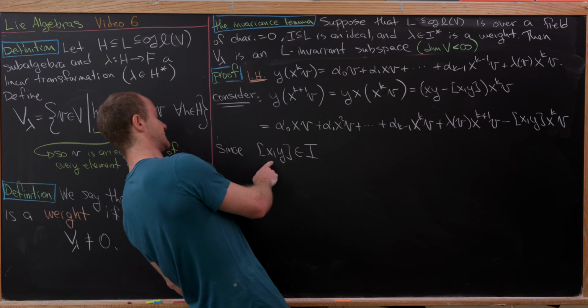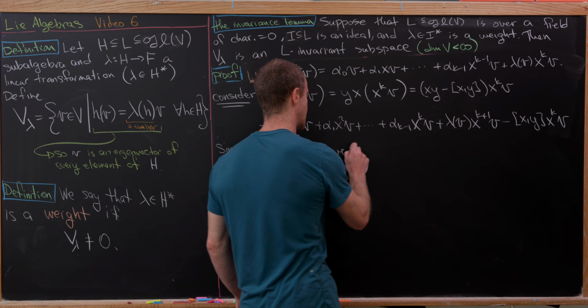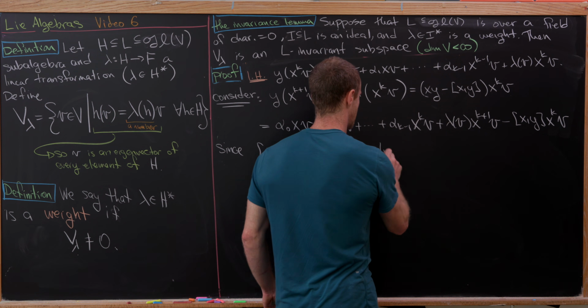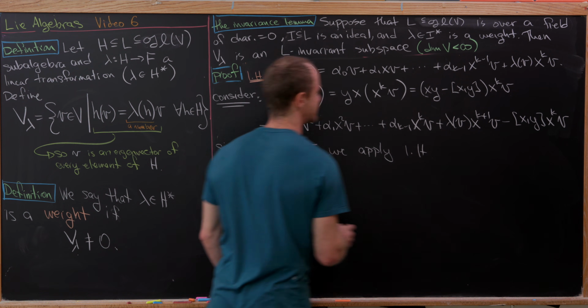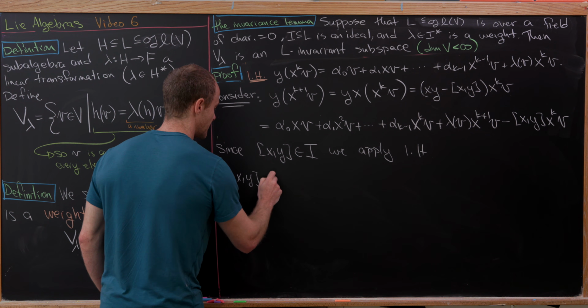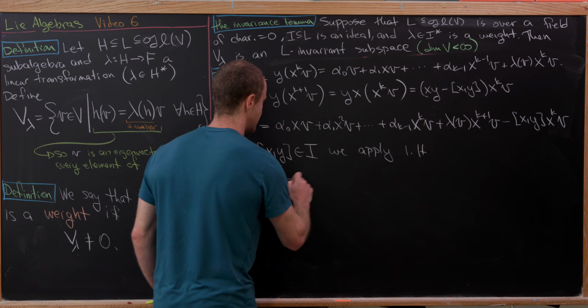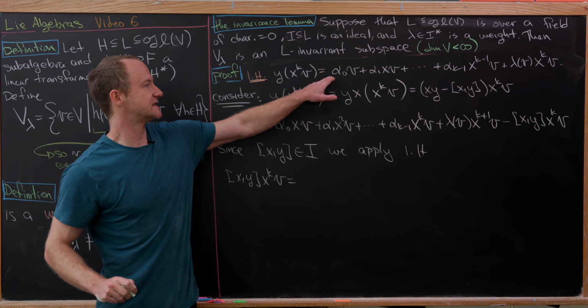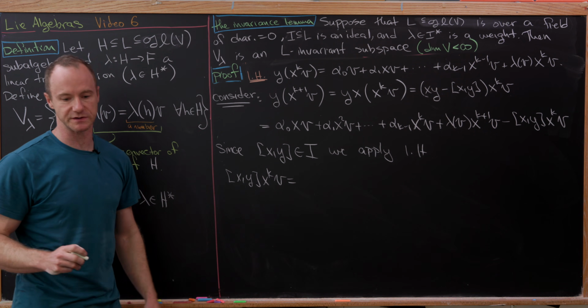Since bracket xy is inside of I, we apply the induction hypothesis to it. And that'll give us bracket xy applied to x to the k v. Well, it expands in this form, but with different numbers, of course.